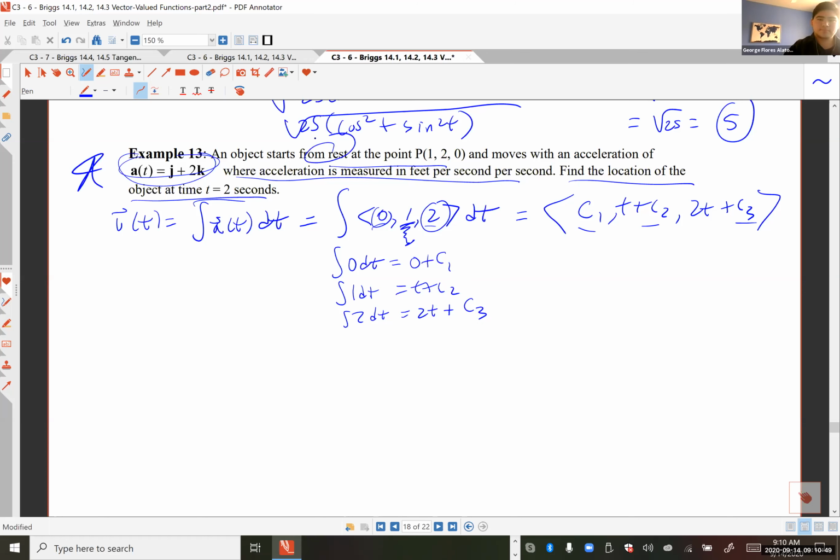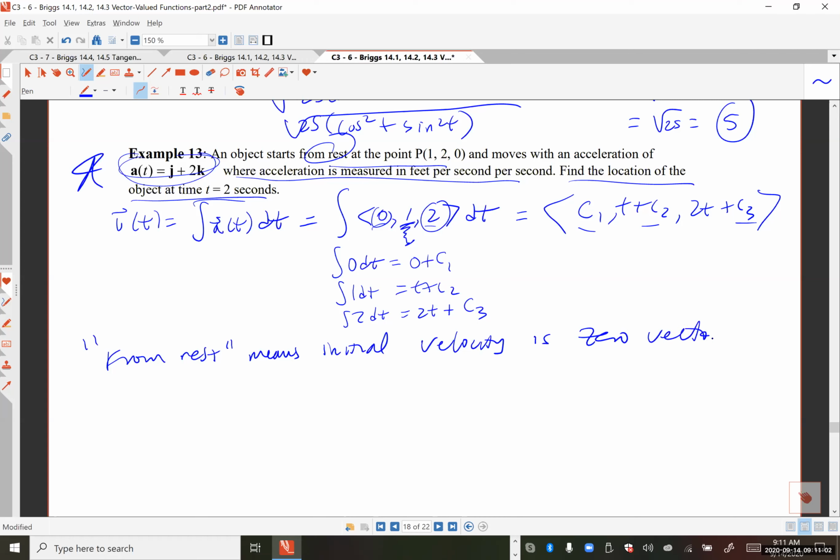Since the object starts from rest, what does from rest mean? It means that your initial velocity is the 0 vector. That is, velocity evaluated at 0 is 0, 0, 0.